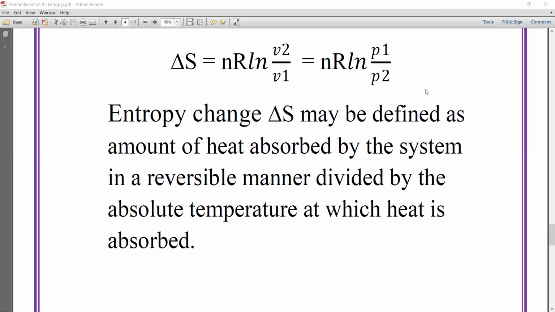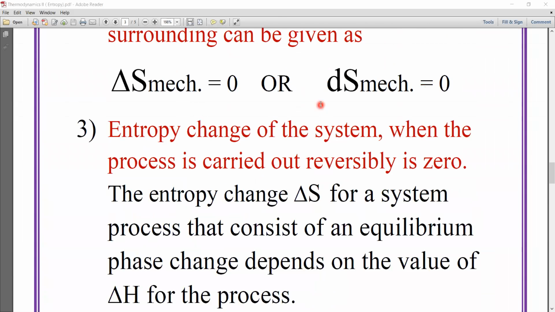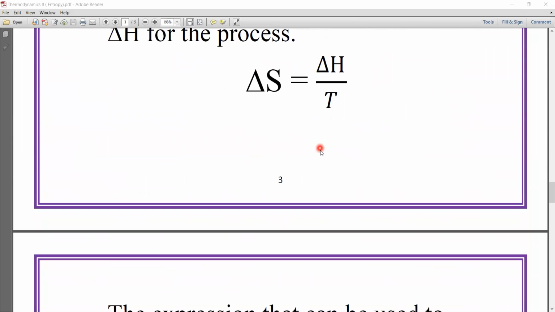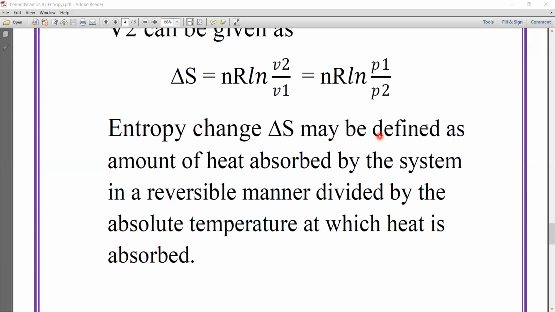हमने देखा इससे पहले, that is the formula for entropy यहाँ पर है, देखिए, dS is equal to dq reversible, that is amount of heat absorbed in a reversible manner, यानी reversible process, divided by the absolute temperature. वही definition को हमने यहाँ पे wording में लिया है, that is entropy change may be defined as amount of heat absorbed by the system in a reversible manner divided by the absolute temperature.